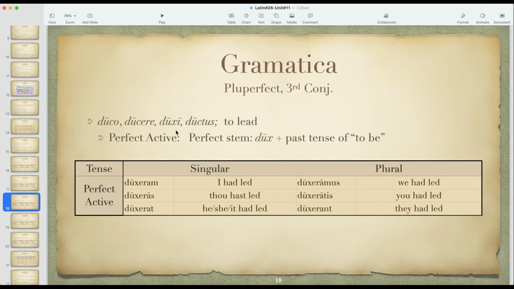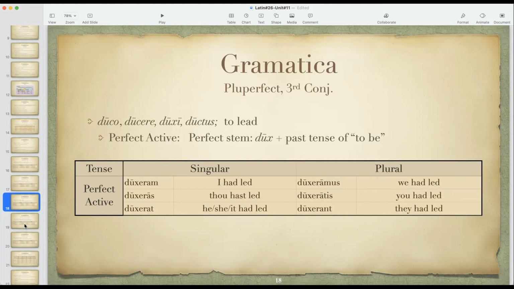Duco, ducere, duxi, ductus, third conjugation, very same rule. Dux in this case, so duxeram, I had led. Duxeras, thou hadst led. Duxerat, he, she, it had led. Duxeramus, we had led. Duxeratus, you had led. Duxerant, they had led.